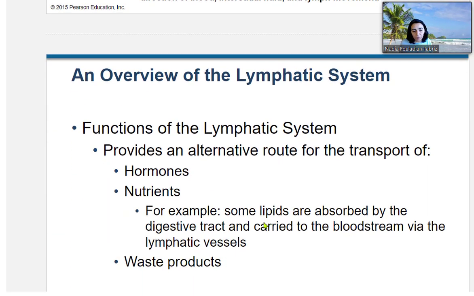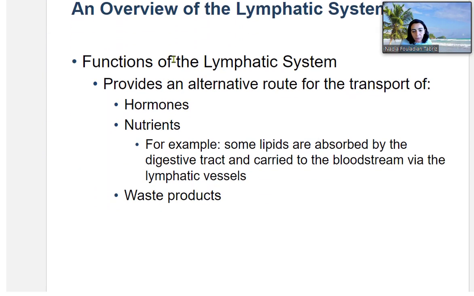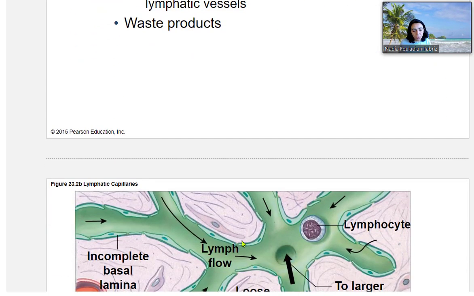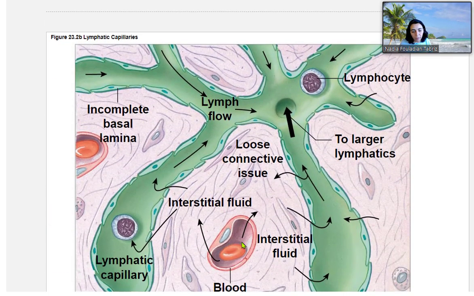And this is just an explanation of what nutrients are, for example, just an example, not all of them, some lipids that we talked about that they get into the blood through the lymphatic vessels.